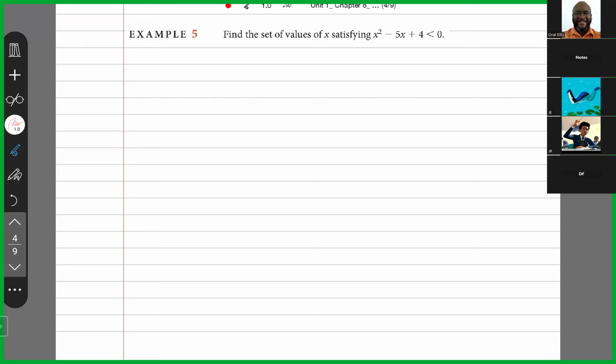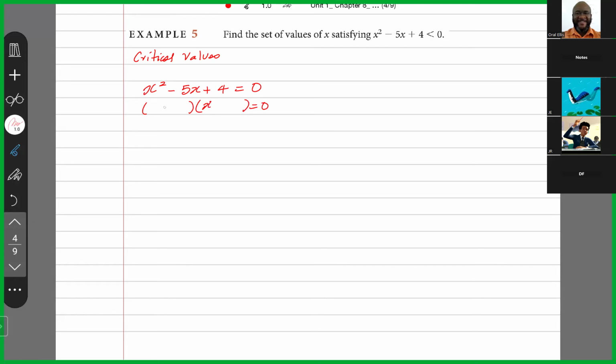Well, the first thing I'm going to do is obtain the critical values. The critical values are the values of x for which the function is equal to 0. So let's factorize.